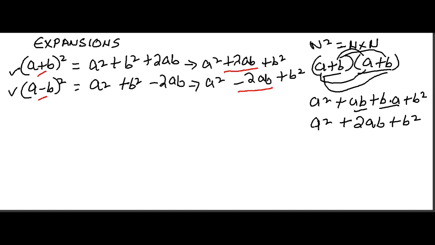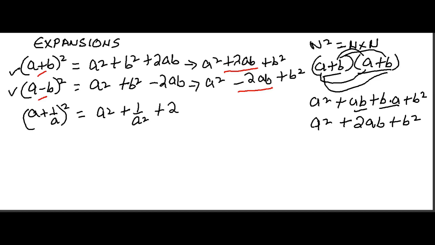One more formula which is very close to this and which you have to know is (a plus 1 by a) whole square. This can be expanded as a square plus (1 by a) square plus 2.